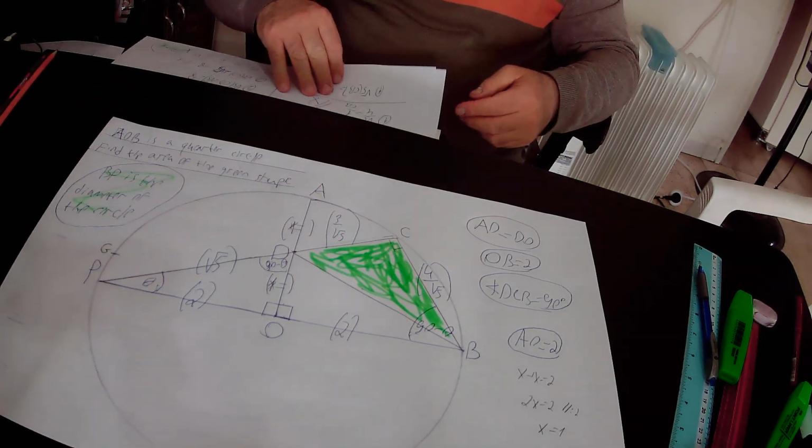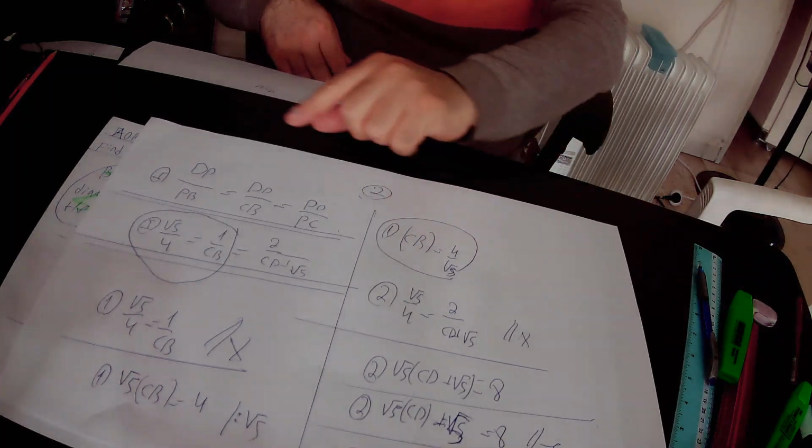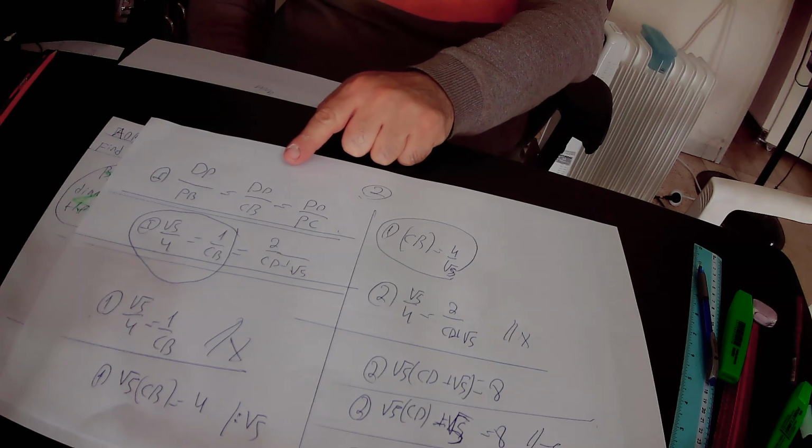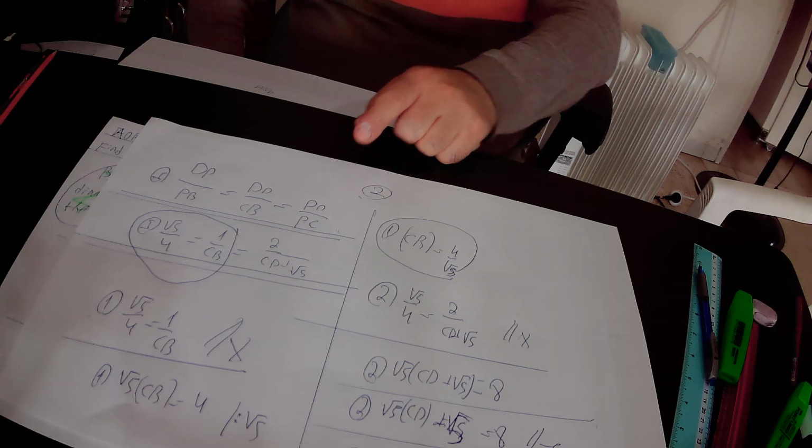Repeat again: DP over PB equals DO over CB equals PO over PC.